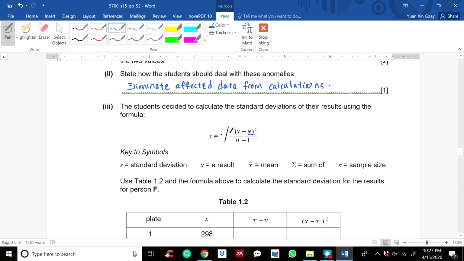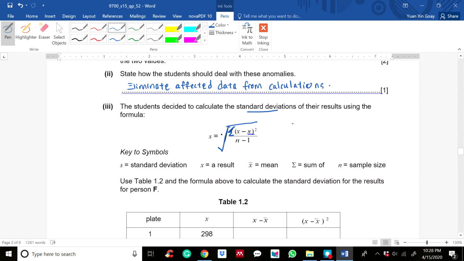The student decided to calculate the standard deviations of their results using a formula. So you have this formula. This is the standard deviations formula. Now standard deviations is used to measure the dispersion of data around the mean.